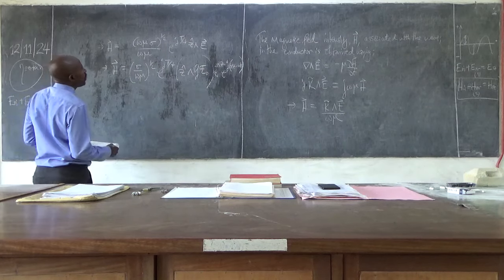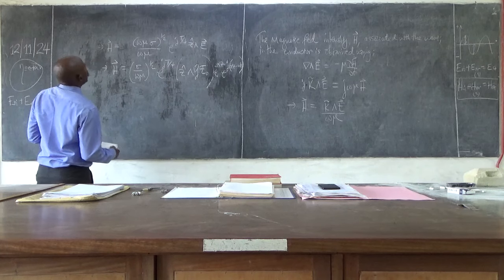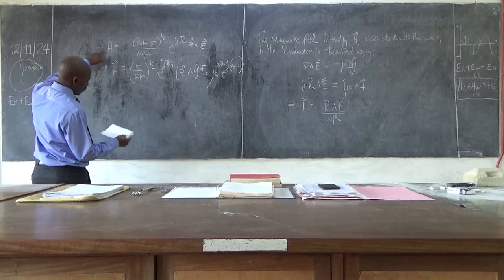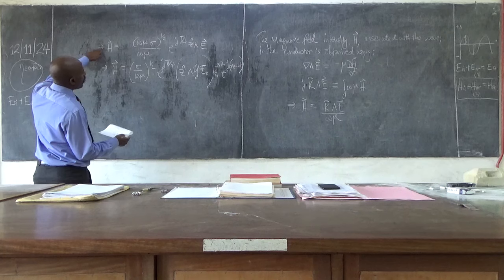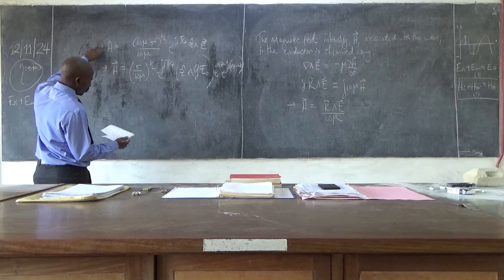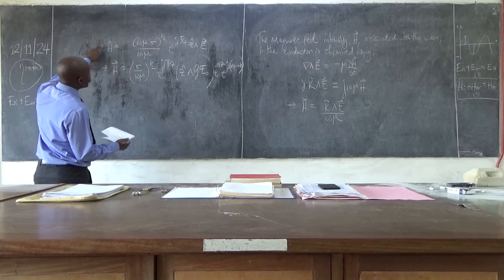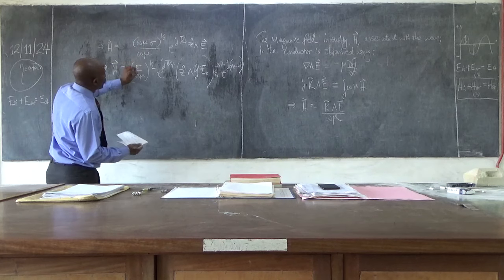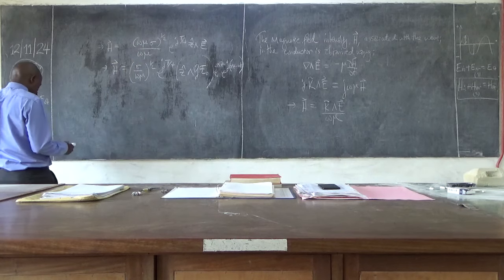Well, how did I end there? Because I have jumped a step, which is not a big deal. I've just jumped a step when I bundle everything inside here, which is not a problem.